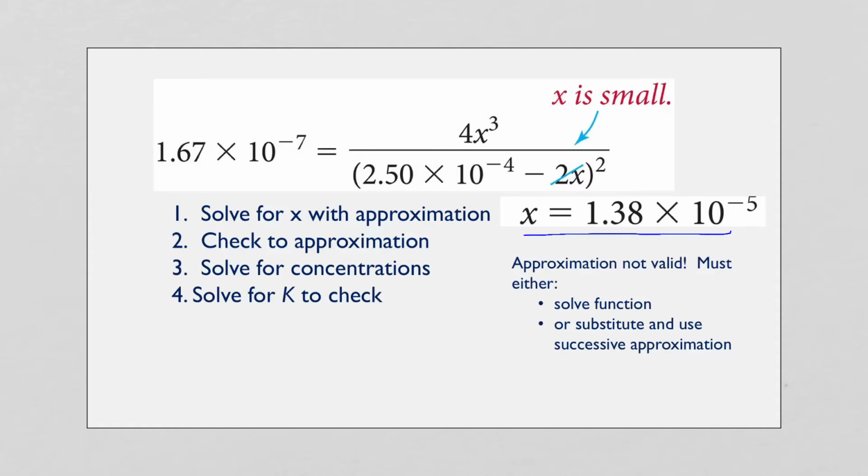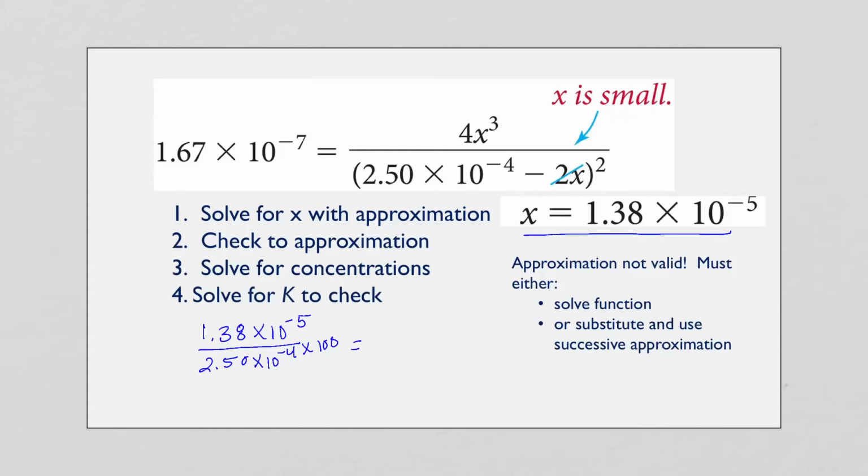So if we check this approximation, what we should come up with is 1.38 times 10 to the negative fifth divided by 2.5 times 10 to the negative fourth times 100.